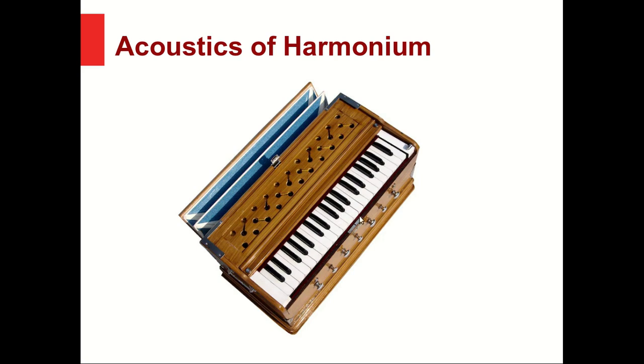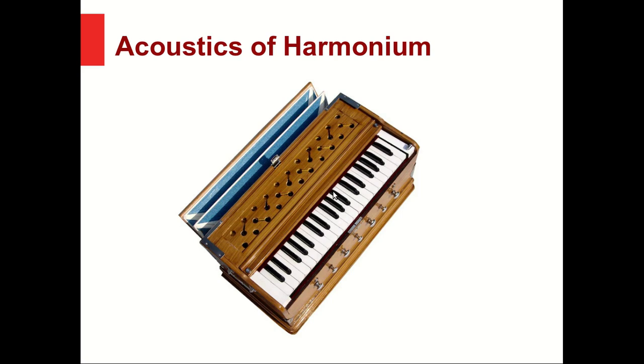But it does not fall into the category in which the piano falls. The piano is a chordophone, that is a string instrument, whereas the harmonium is a wind instrument. It is an aerophone.